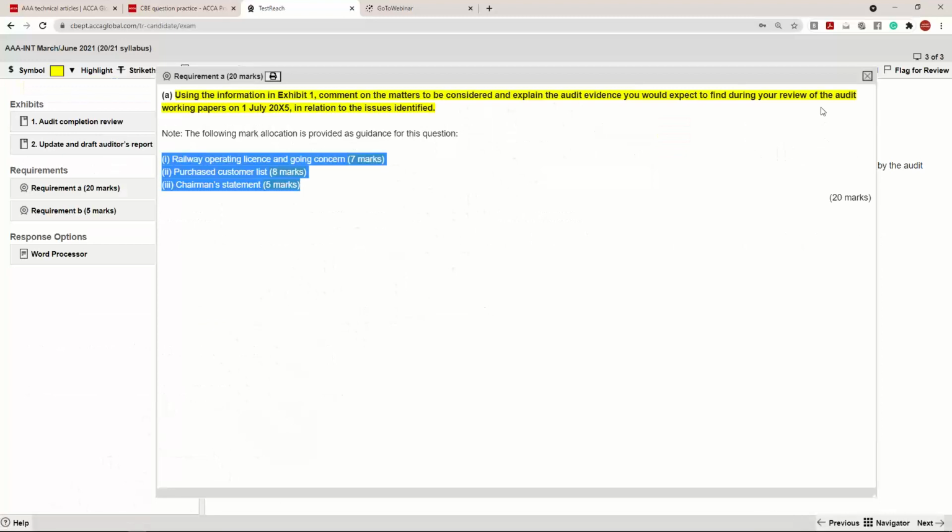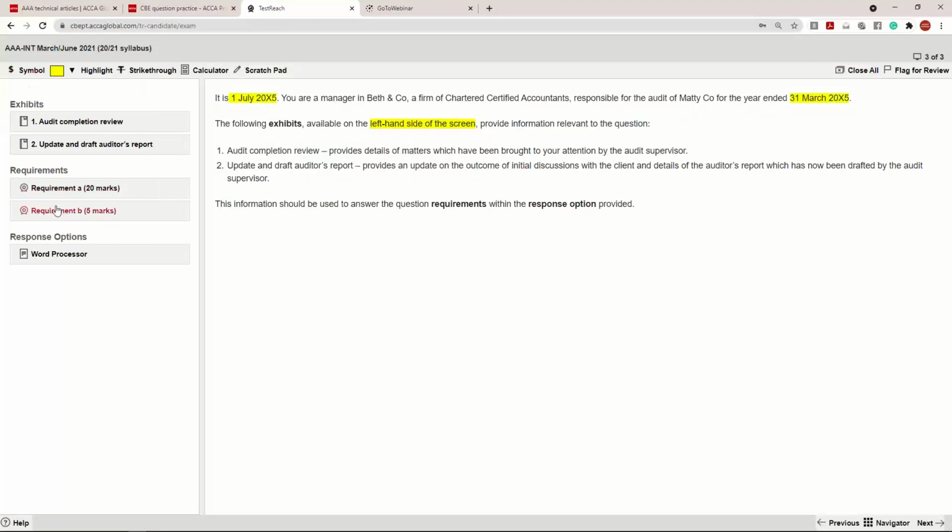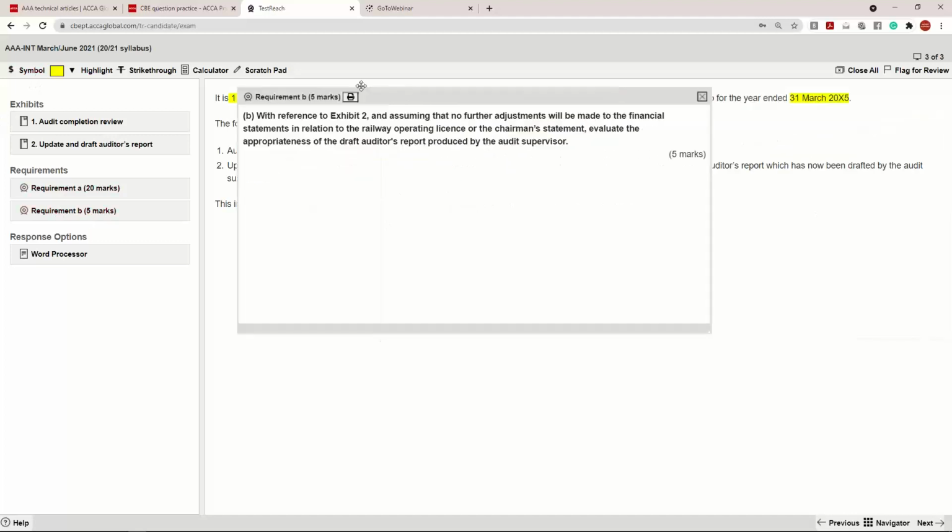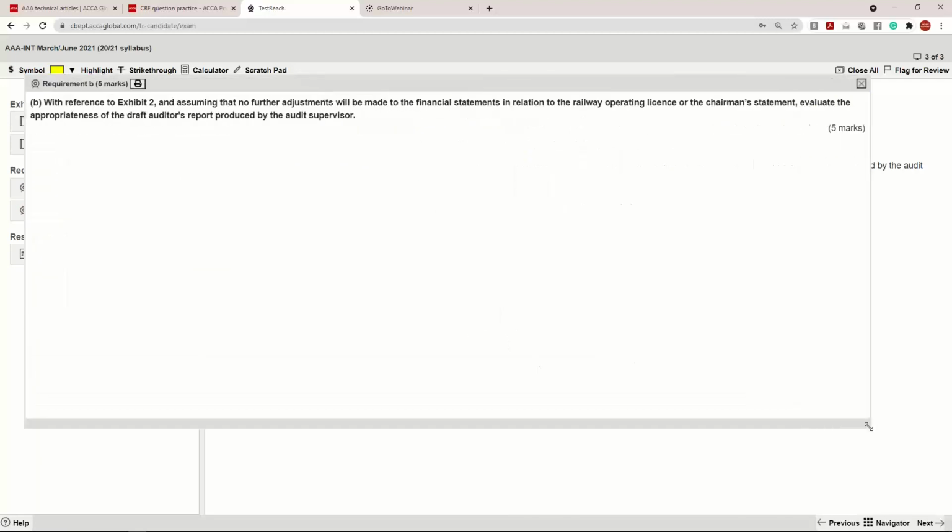Back to the practice platform. Can you see the second requirement on your screen for 5 marks? Just 5 marks.